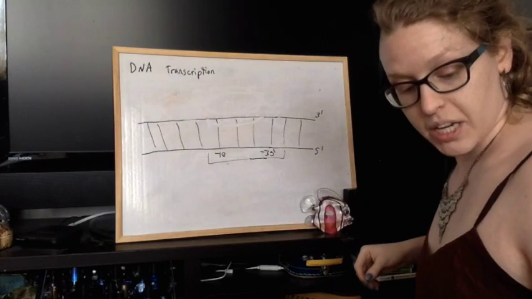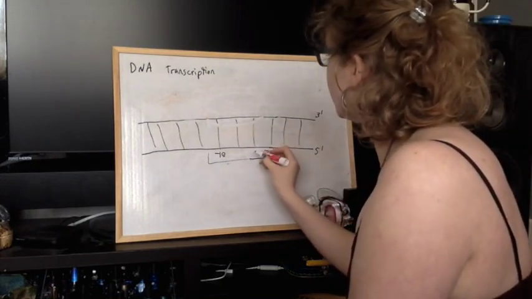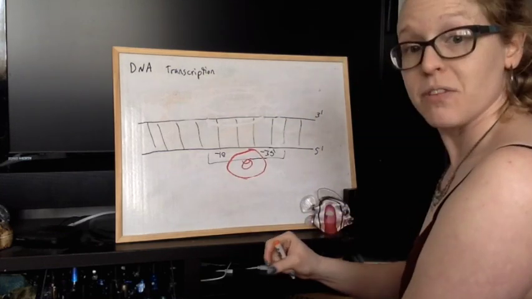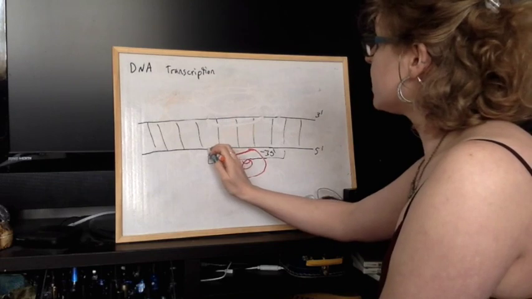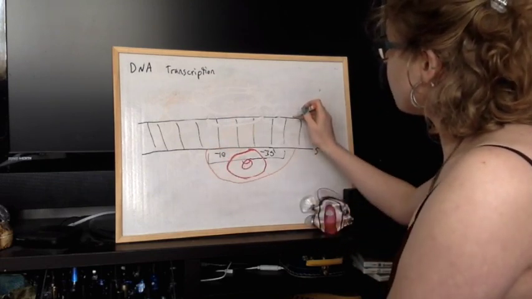And the -10 and the -35 attract the sigma factor. And the sigma factor attracts the rest of the RNA polymerase, which I'm going to draw like this.